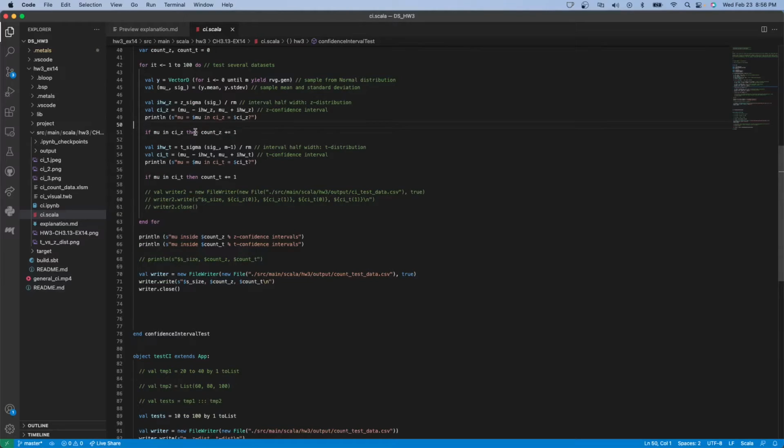And then we're going to test whether mu is actually in this confidence interval that we just created for the given sample size. Then we're going to do the exact same thing for T sigma.